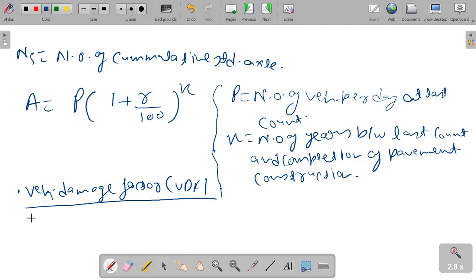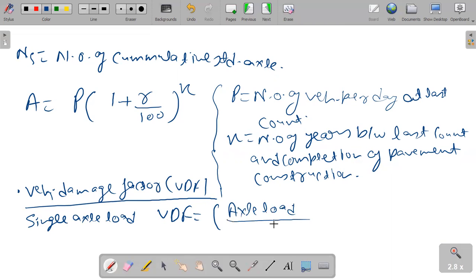For single axle load, VDF is equal to axle load upon 8200, power 4, where axle load is in kg.